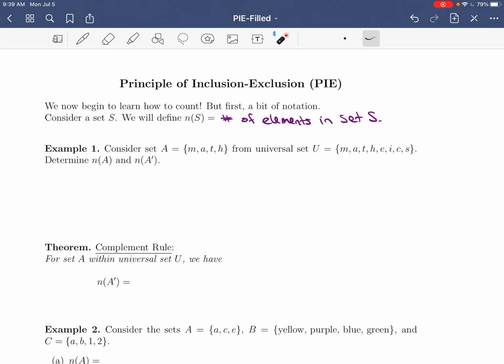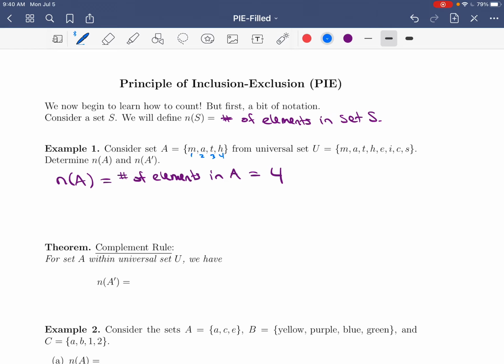Then if I wanted n of A, that's just the number of elements in set A, which we know is 4, because there's 1, 2, 3, 4 elements in A. So n of A is 4.